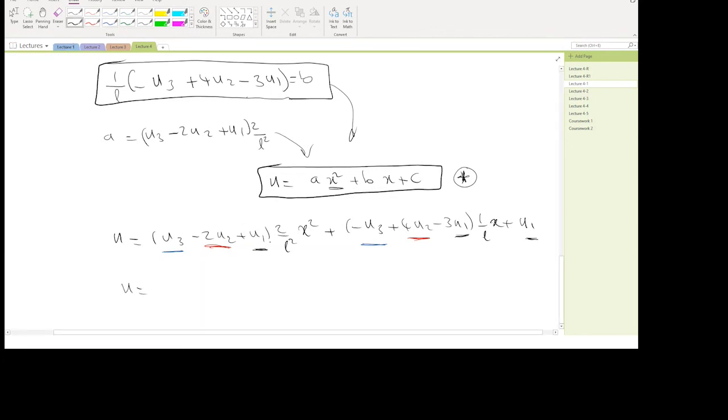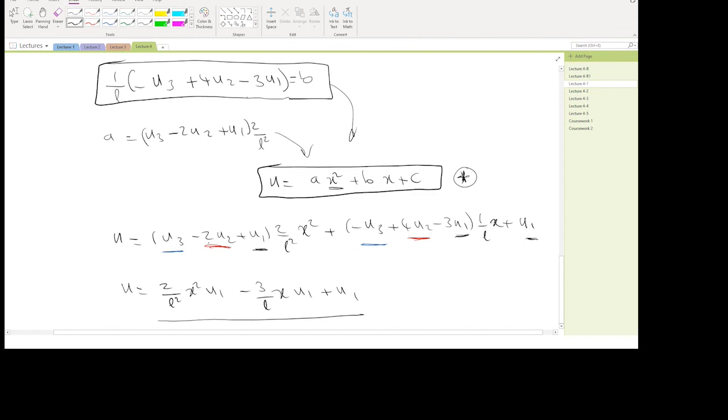Okay, so I'm just going to take this order. So U is equal to U1. I have U1 multiplied by 2 over L squared X squared, and then I have minus 3, 1 over L X. So it is minus 3 over L X and U1. And then you have U1 on its own. So this is everything to do with U1 came first. And then I have things to do with U2.